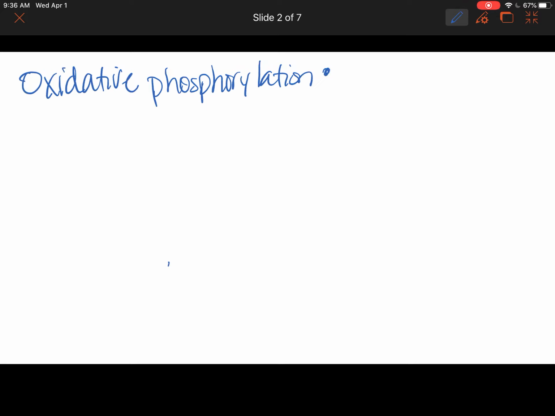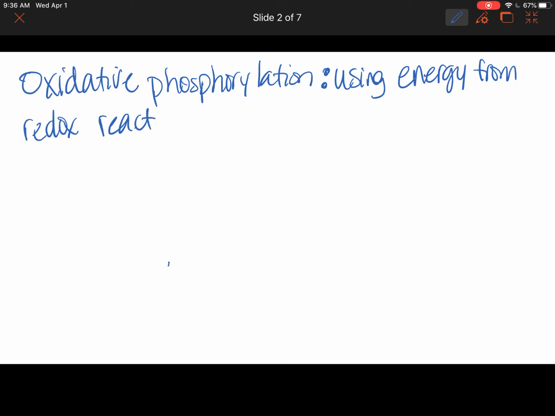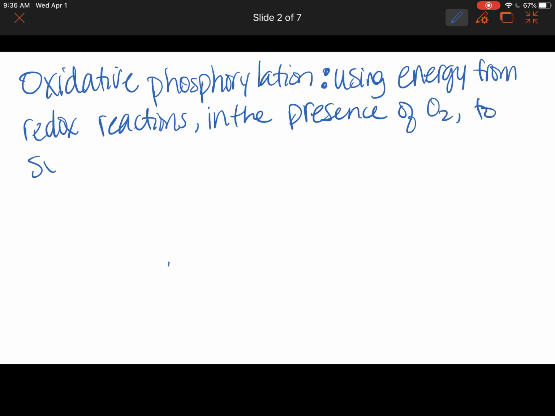Using the energy from redox reactions in the presence of oxygen to synthesize ATP.